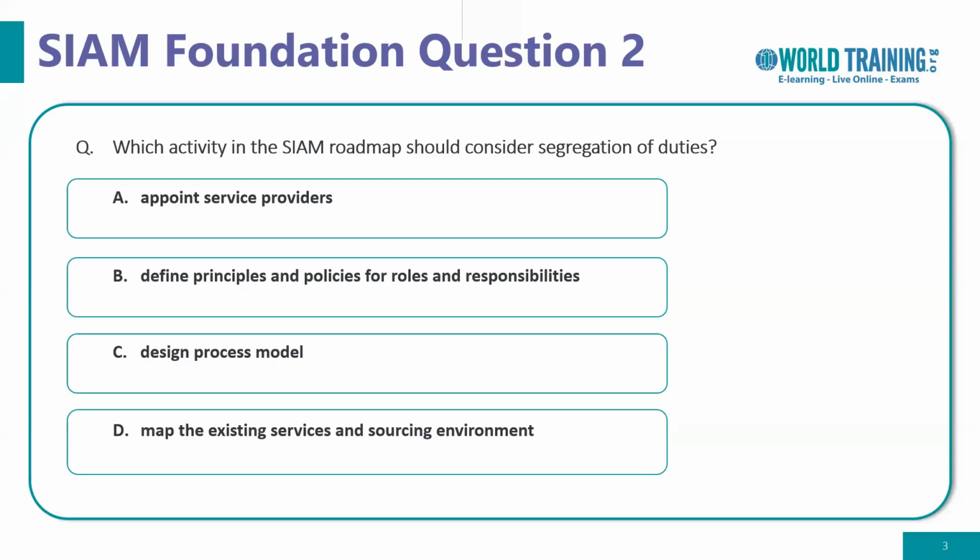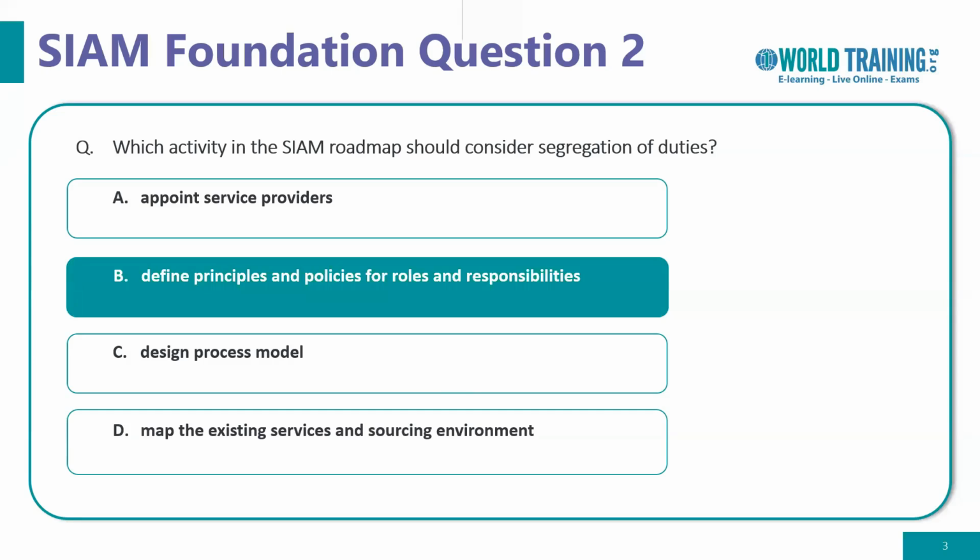Segregation of duty is more or less referring to how you decide what kind of roles and responsibilities and their principles and policies are to be there. Because appointing service provider cannot be a segregation of duty, even process model or mapping the existing services and sourcing environment. So the relevant answer is beta, right? Let's look at this and let's move forward.